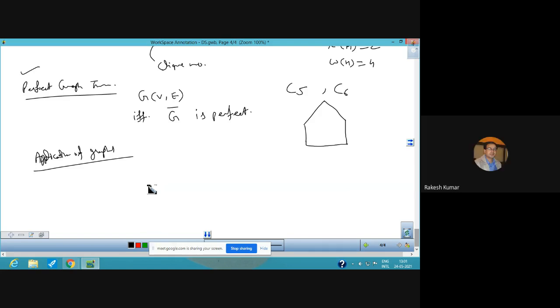In sports, graphs can be used to model round robin tournaments where each team plays each other team exactly once. This is very important. From the sports point of view, suppose a football World Cup is going on. In the football World Cup we have to make the combination.